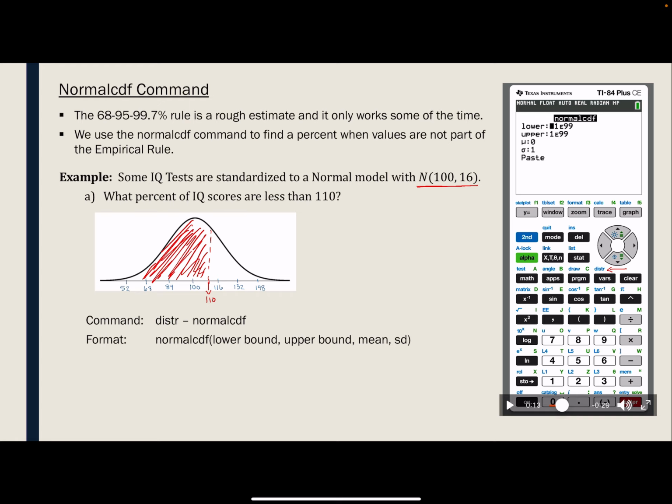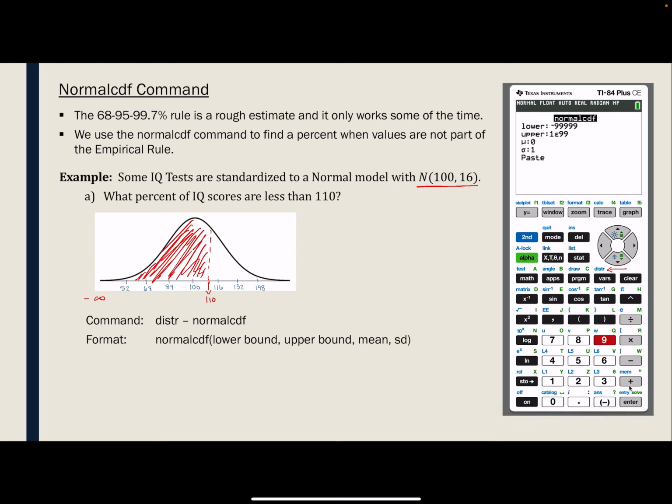So I'm going to show you how to enter these values. So with this problem here, the lower bound of my area is negative infinity, and my upper bound is this 110. My mean is 100, and my standard deviation is 16. So that's what we're going to enter in the calculator. So I'm going to change this to negative 999.